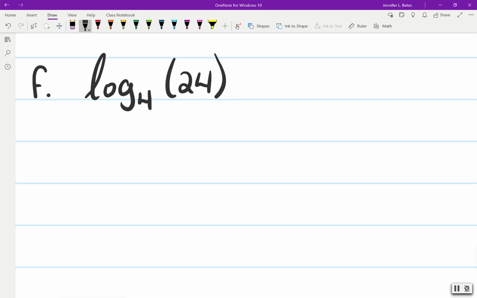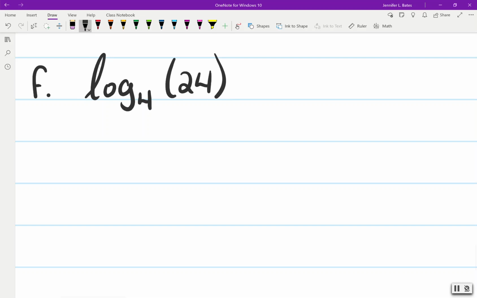So when I look at these problems, for example F, one of the things that I'm thinking is, whatever the argument is, 24, can I divide it by the base? So does 24 divide by 4?